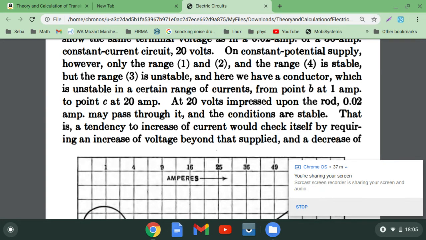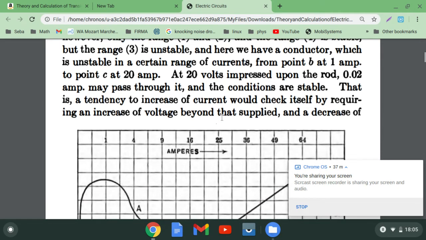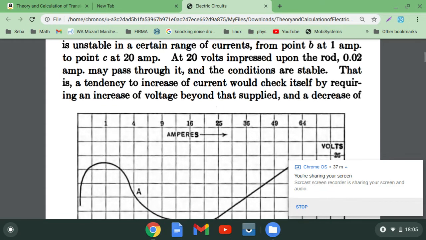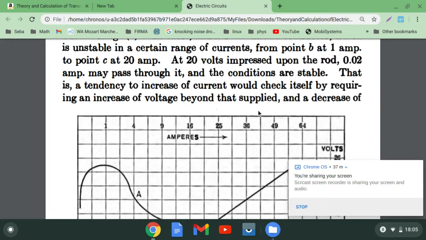And here we have a conductor which is unstable in a certain range of currents from point B at 1 amp to point C at 20 amps. At 20 volts impressed upon the rod, 0.02 amp may pass through it, and the conditions are stable.